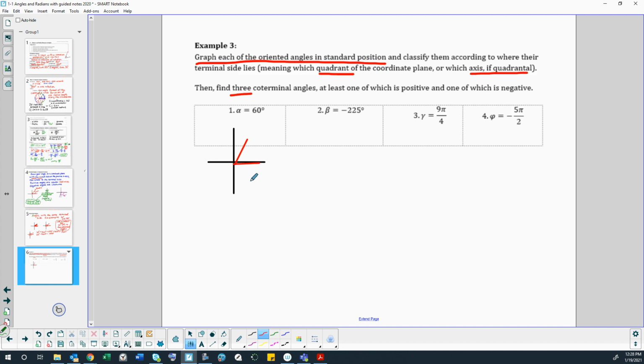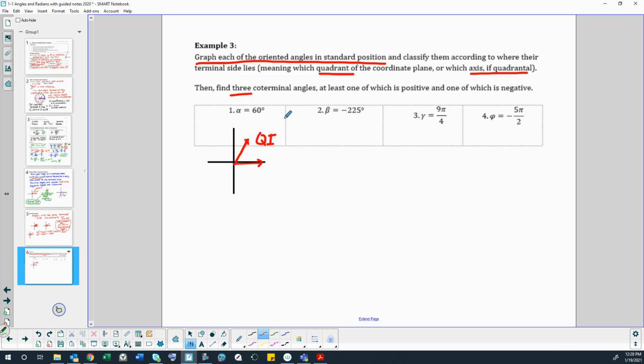Okay, so 60 degrees. So what quadrant is 60 degrees in? Do you remember your quadrants? This is quadrant 1. This is quadrant 2. This is quadrant 3. This is quadrant 4. So this particular angle, the terminal side, lands in quadrant 1. It's a quadrant 1 angle.